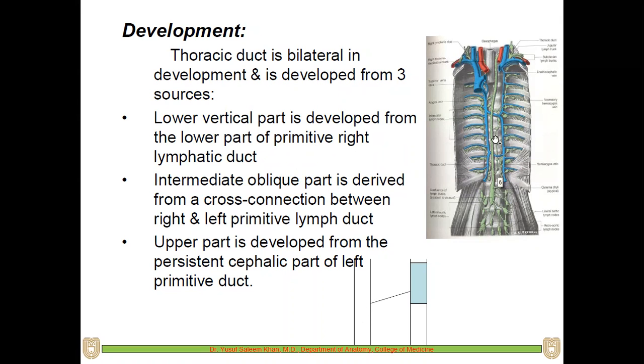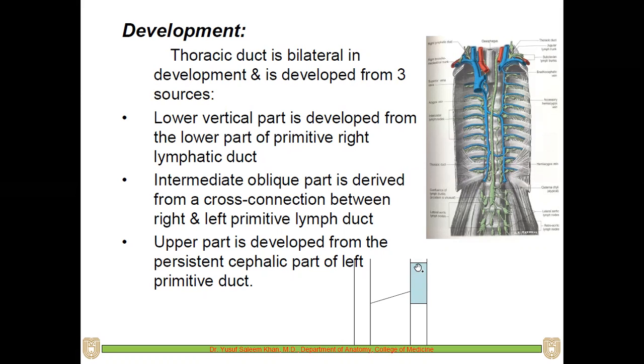There are 2 ducts, the right and left primitive ducts. The lower part will be developing from the right primitive lymphatic duct. Then the intermediate oblique part is derived from the cross connection between the right and left lymphatic ducts. So this part of the thoracic duct develops from that cross connection. Then the upper part is developed from the persistent cephalic part of the left primitive duct.